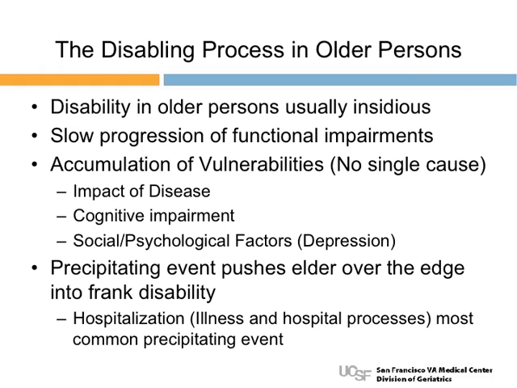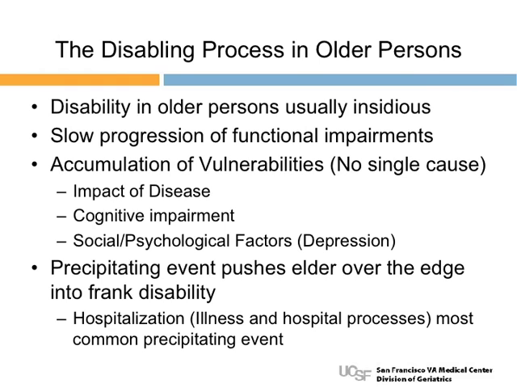What you have is an accumulation of vulnerabilities. Often in medicine we're taught to think of differential diagnosis, what's the cause of something, but in geriatrics that concept doesn't work very well. The answer to what's the cause is, it's lots of stuff. What causes disability in older people is the accumulation of lots of stuff that over time impacts them.